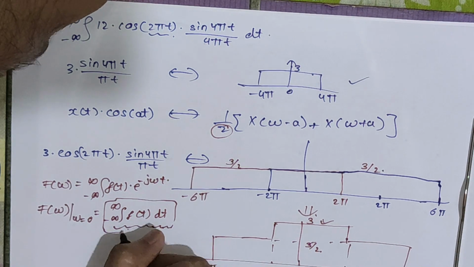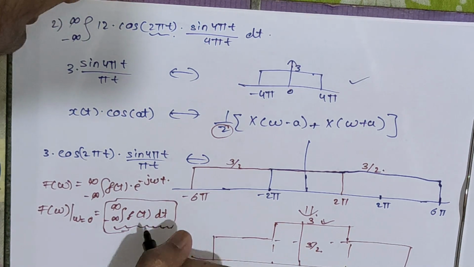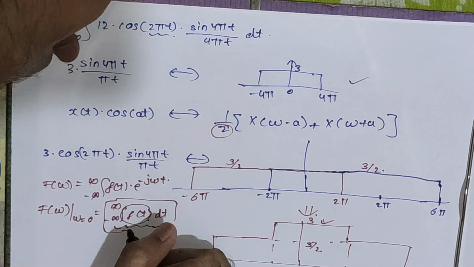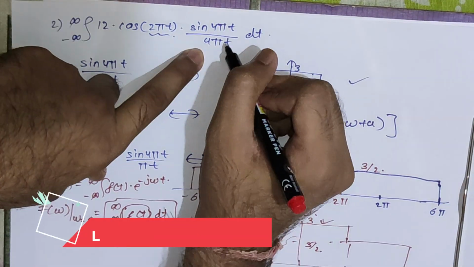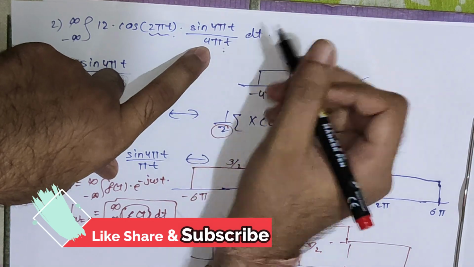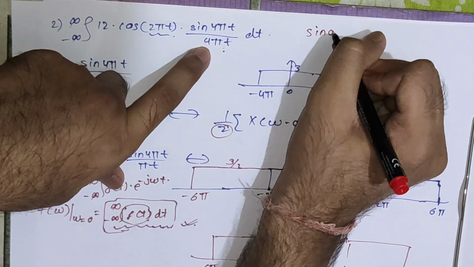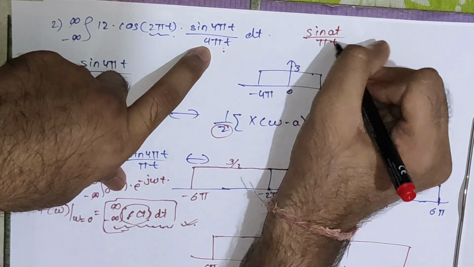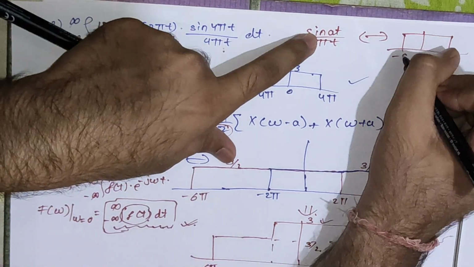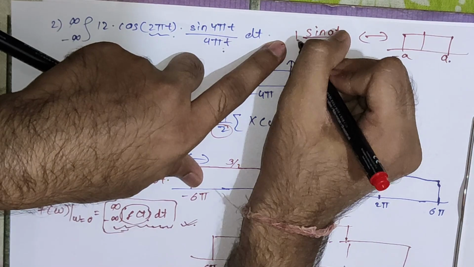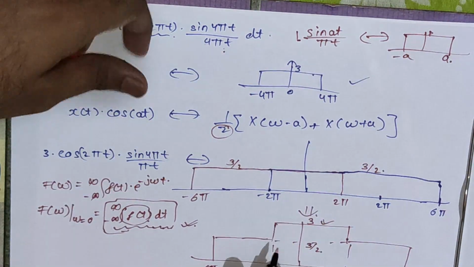Wherever you find this type of question, you have to find the Fourier transform of f of t, and the value of the Fourier transform at omega equals 0 will be your answer. To get the Fourier transform, you have to know that the Fourier transform of sin at upon πt will always be a rectangular function extending from minus a to a with the magnitude specified here. Okay, that's it for today.